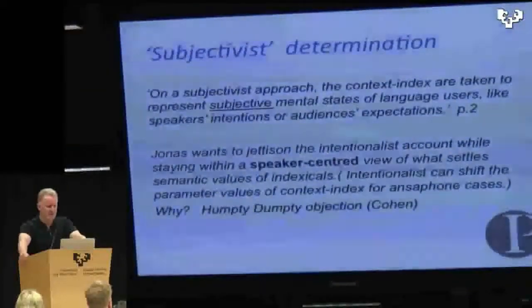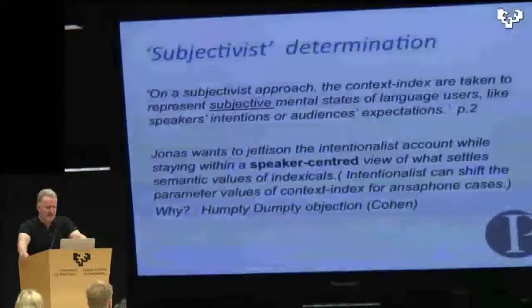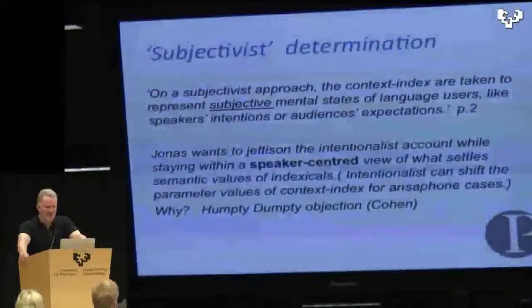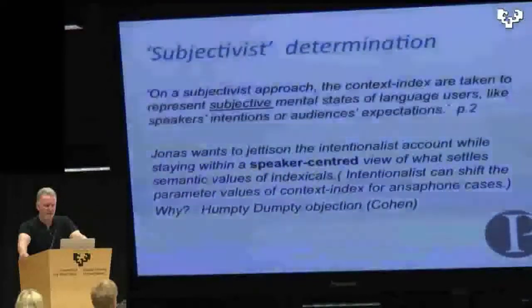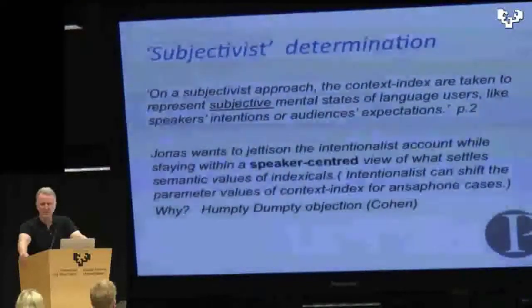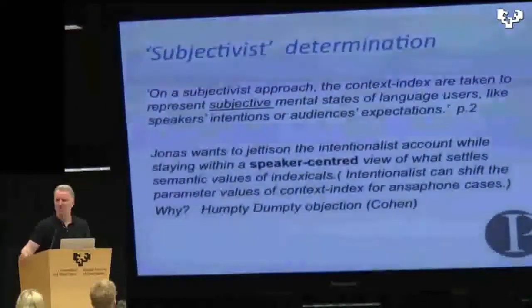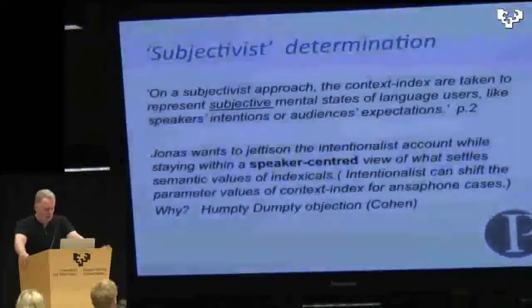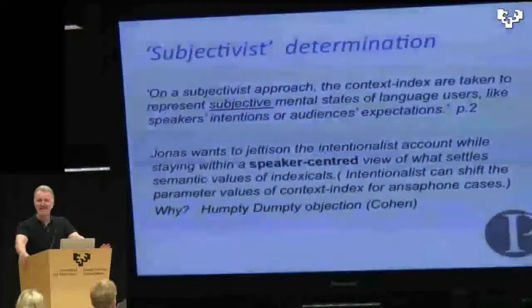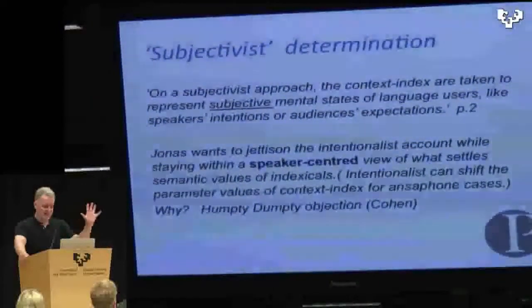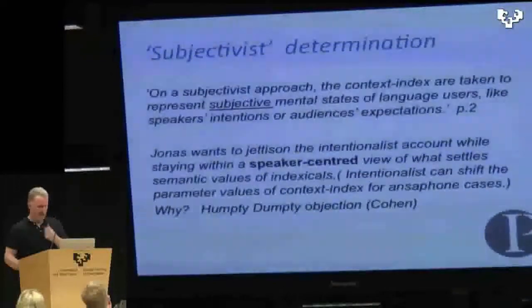You say on a subjectivist approach, the context index or the values of the context index are taken to represent subjective mental states of language users, like speakers' intentions or audiences' expectations. Just take out subjective there. They're just mental states, intentions.